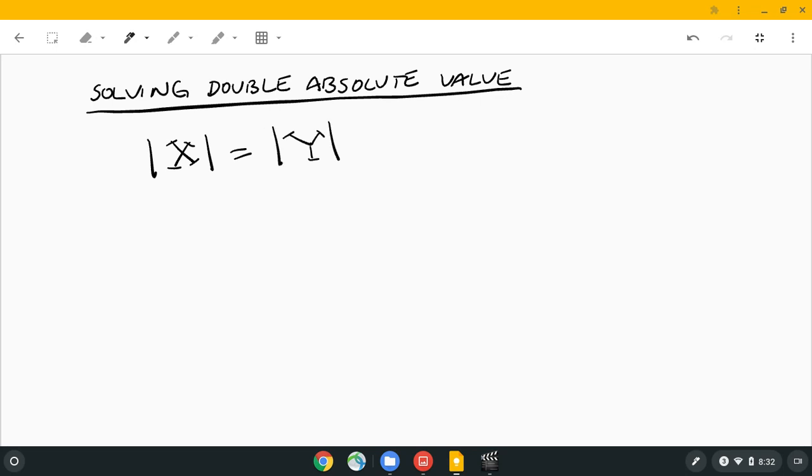Okay, so you still do everything the same. You have two situations, just like the other three. You have this funny looking x equals positive y. And you also have this situation, absolute value of x equals the negative of this. Okay, and this one here is an or.